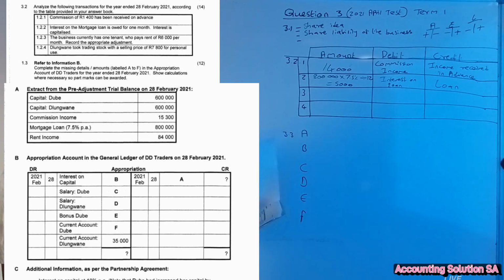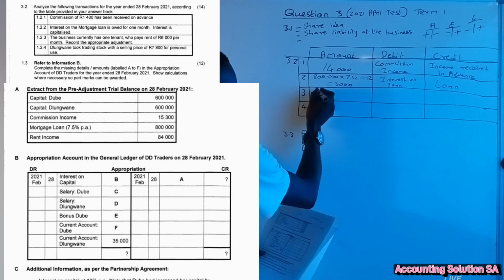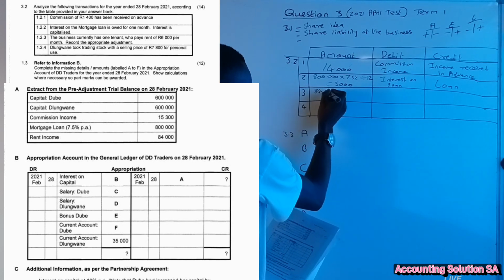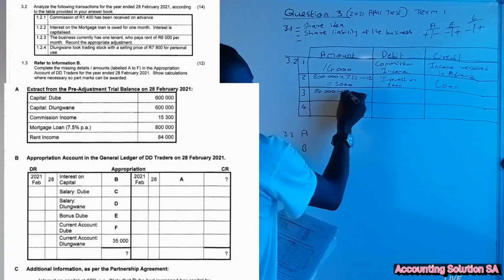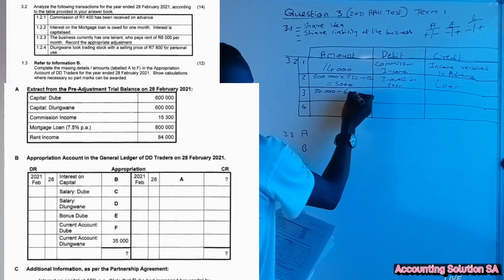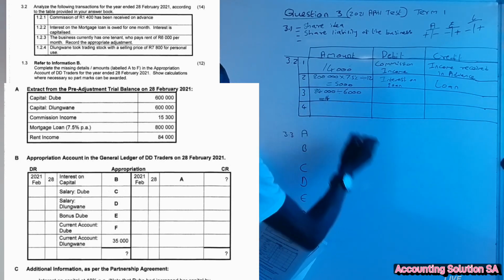Okay, and they said this person pay amount of 6,000. Okay, what do we do now? We have to take amount of 84,000 and we divide by 6,000, and we see how many months is it going to give us. It's going to give you 14 months.